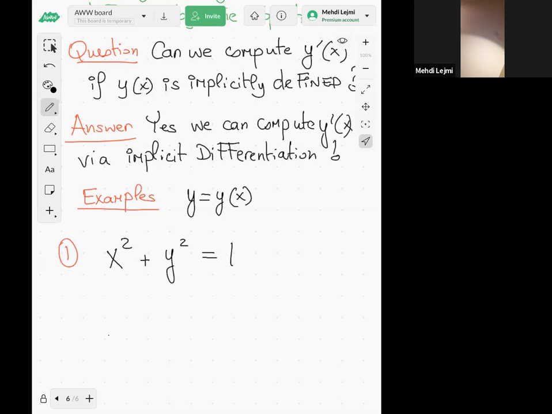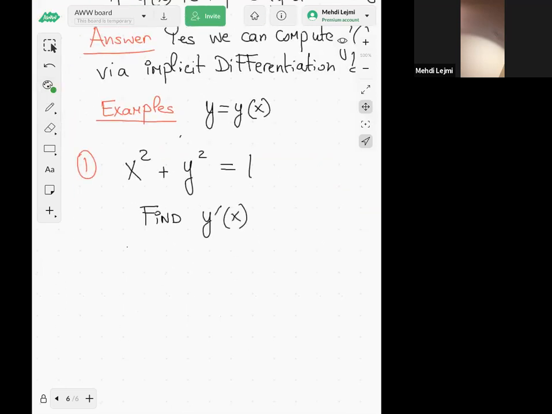So I want to find y prime of x using this equation. So let's just compute the derivative of this equation. I have x squared plus y squared equals 1.